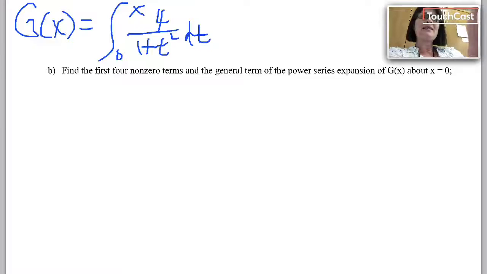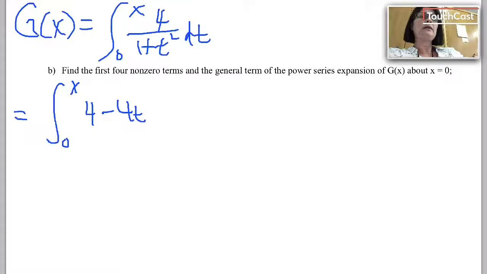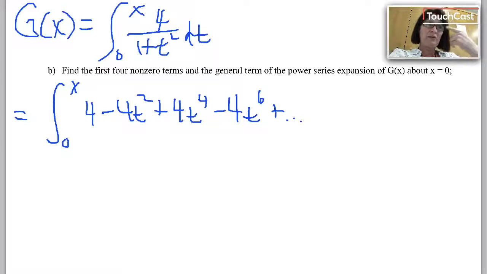So that's going to be the same as the integral from 0 to x of 4 minus 4t squared plus 4t to the 4th minus 4t to the 6th plus dot dot dot. I'm going to write the general term because it's going to be easier to find the antiderivative if I can look at this pattern.